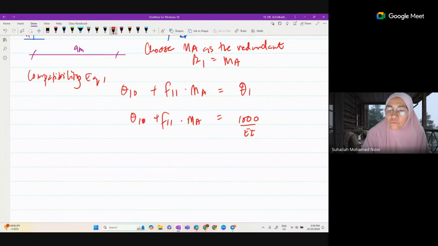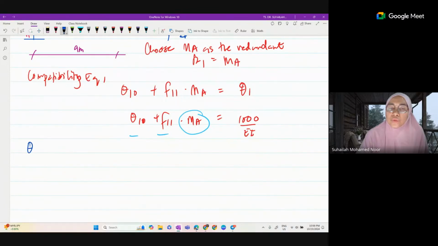Okay, now this is the compatibility equation. We will solve for MA by solving this compatibility equation. So our task now is to determine two unknown displacements.